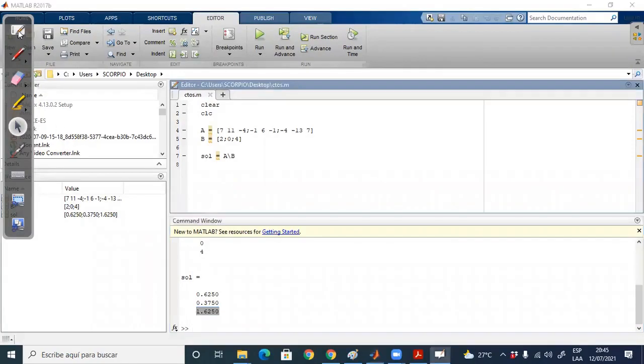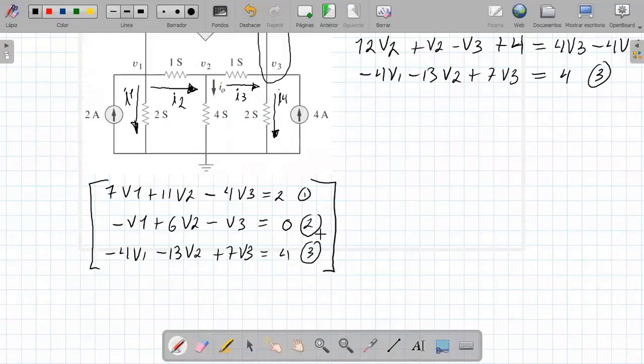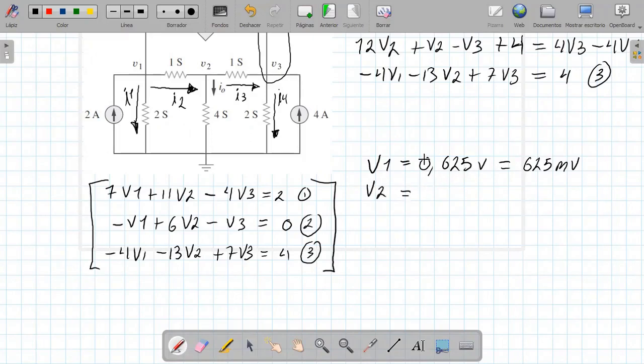V2 is 0.375 volts, equal to 375 millivolts. And V3 is 1.625. Ready? So, see you in the next video.